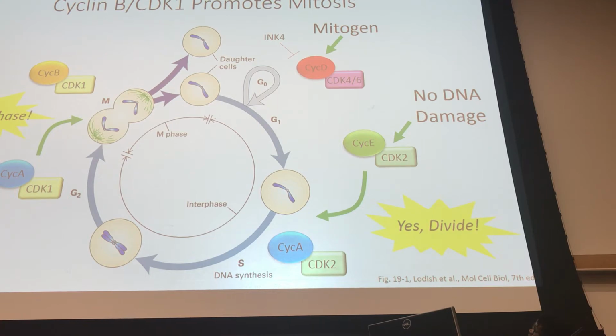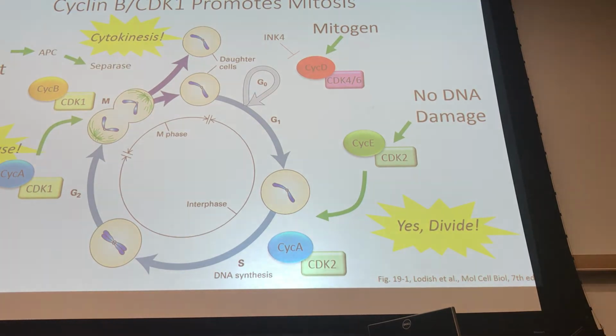And if everything's good, you enter into M phase, and we talked about this last week. If you have proper alignment of your chromosomes, then the anaphase promoting complex is going to activate separase. Separase is going to cleave at the kinetochores, and then one set of chromosomes will go into one daughter cell, the other set into the other daughter cell. The cell divides, and all is well.